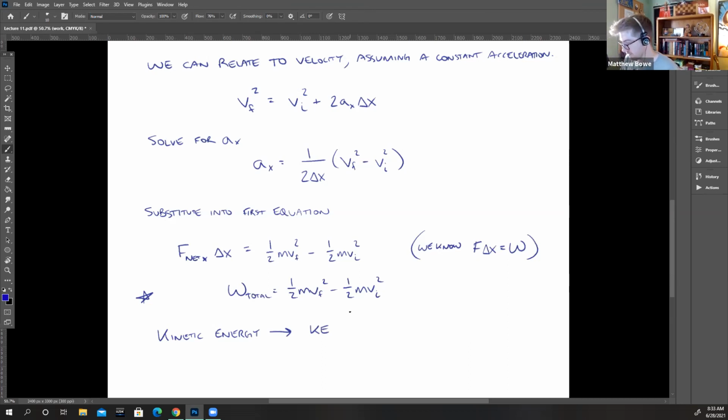In some videos or other books, it could be written as just K. I think your book says it as just K. Kinetic energy, the equation is just 1/2 mv squared. 1/2 mass of an object times its velocity squared.